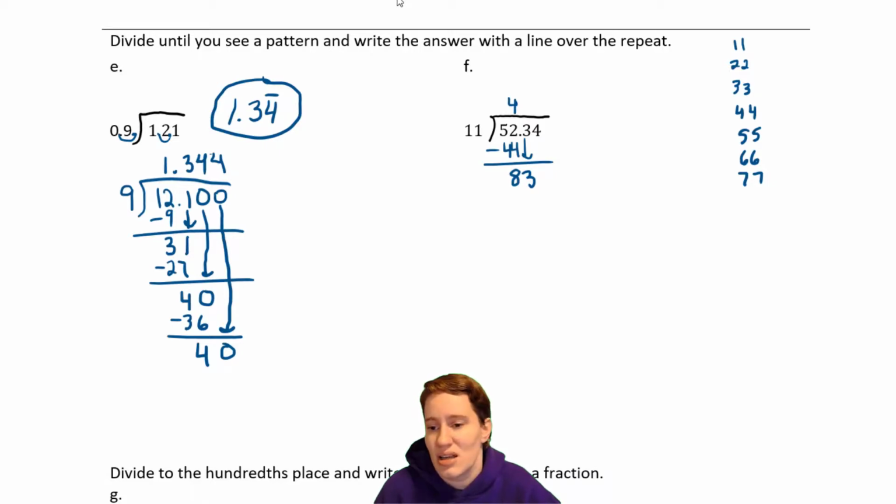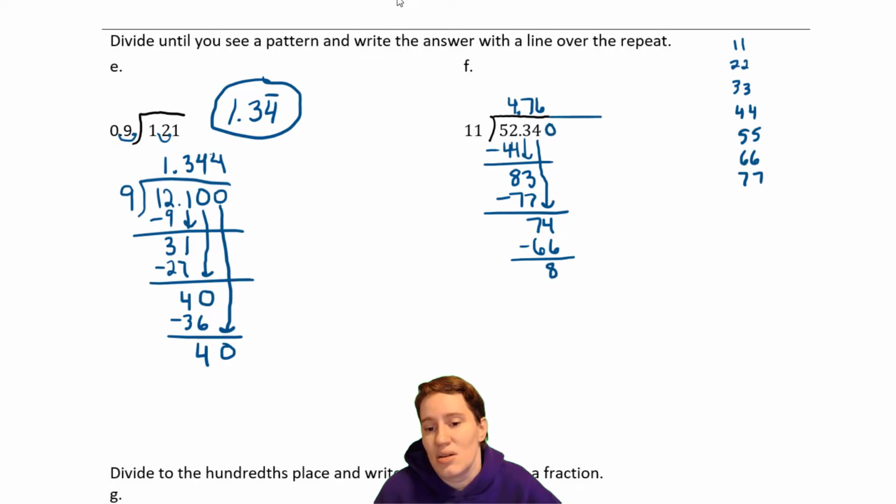So 11 goes into 83 7 times. Make sure you put your decimal up here. So minus 77 and get 7. Okay, and then drop 4 down. 11 goes into 74 6 times. And then 74 minus 66 is 8.